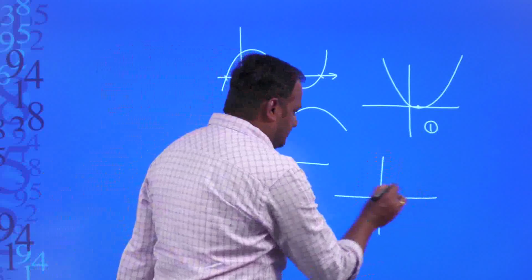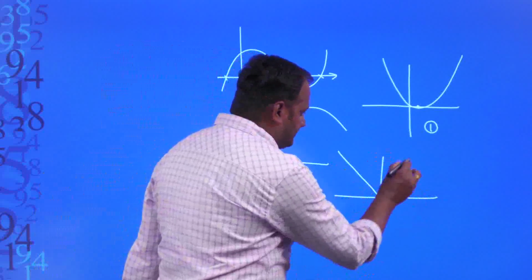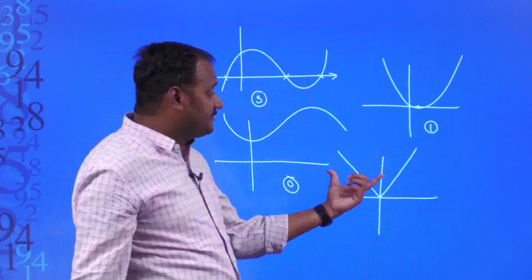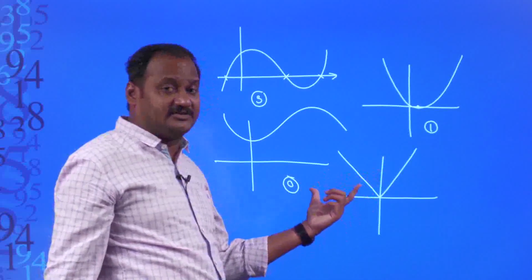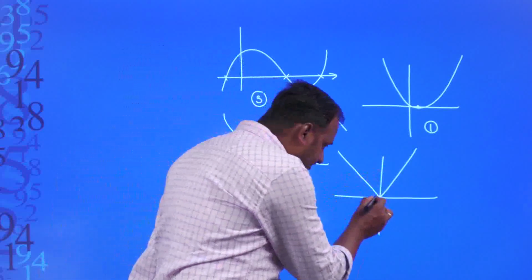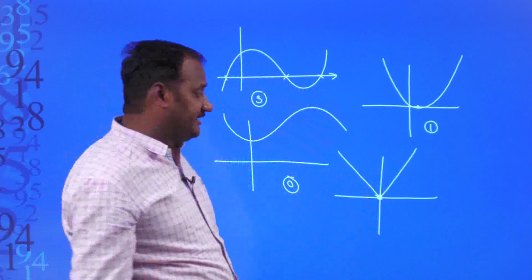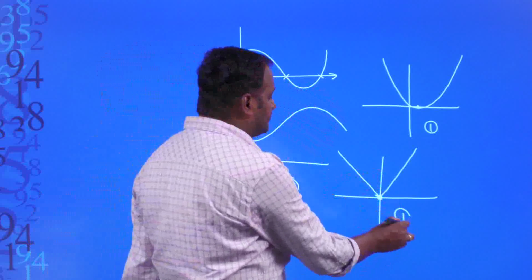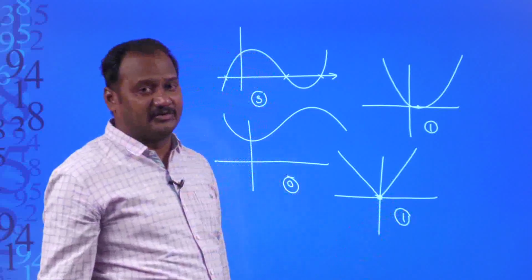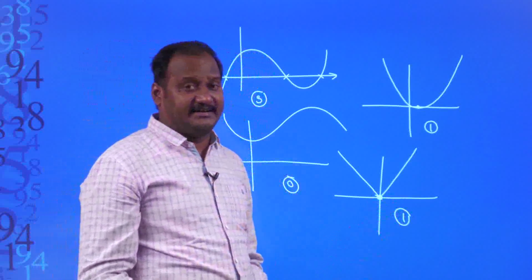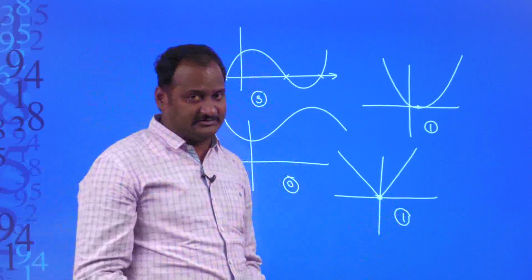And one more graph is like this. Okay, this is the graph, and moreover, what is the number of zeros of this curve or number of zeros of the polynomial? See, this is the curve or this is the graph intersecting x-axis in only one point. So therefore, the number of zeros of this polynomial is only 1. So this way, graphically we can understand zeros of the polynomial also, right?